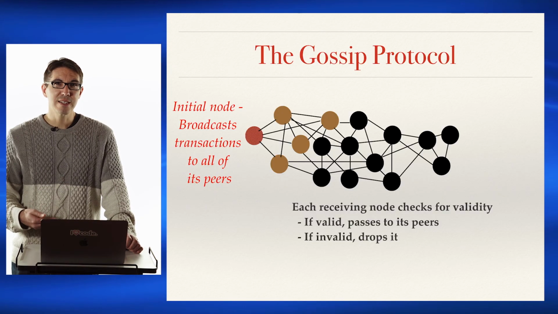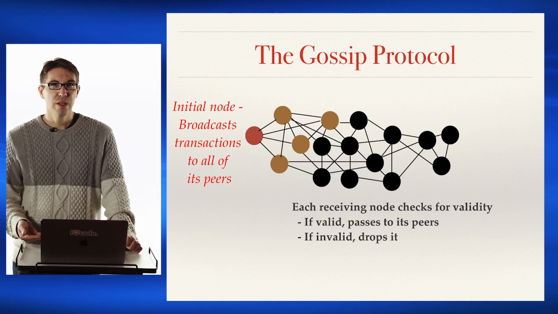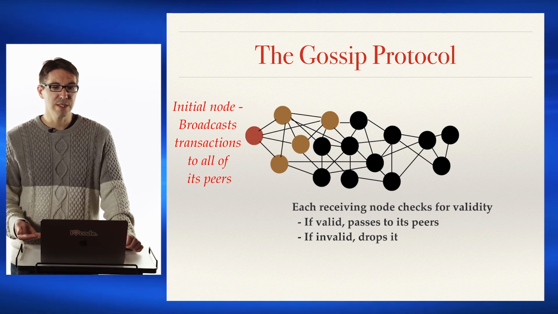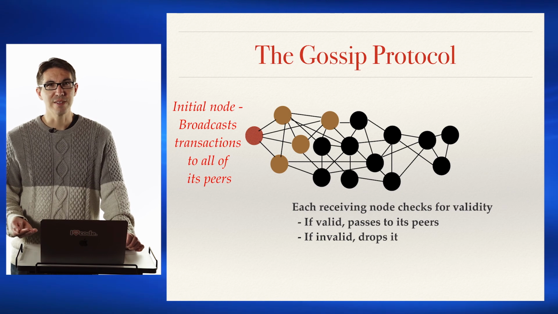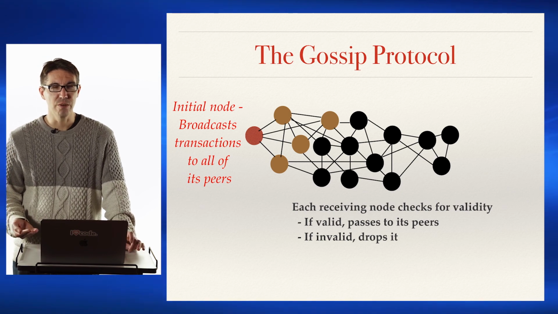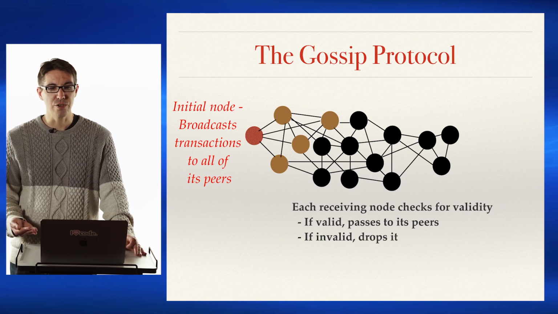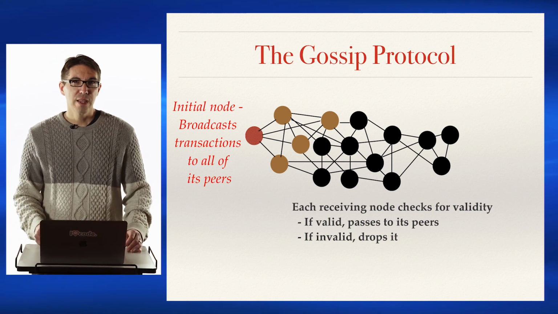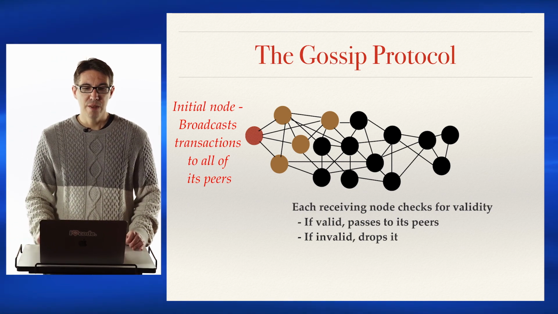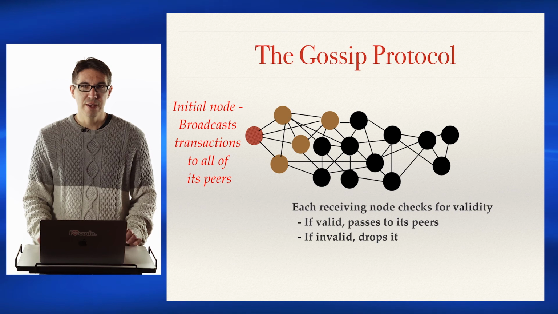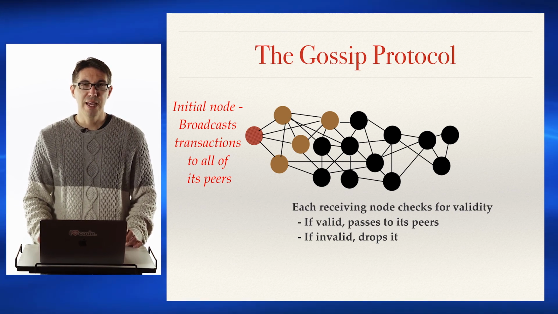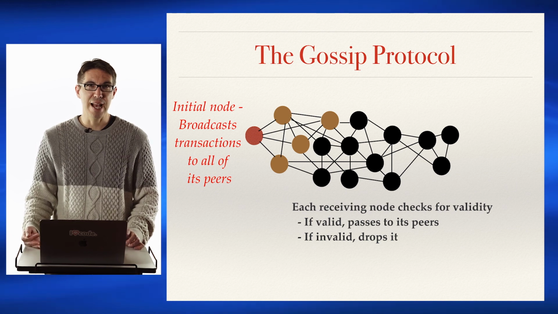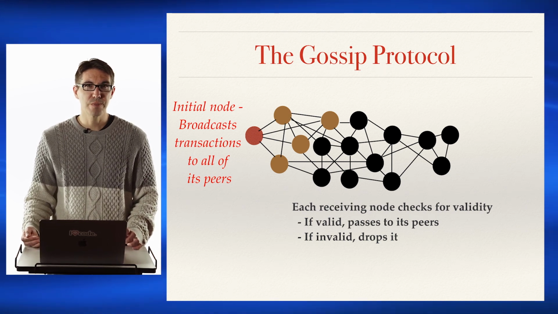Now we need to discuss the gossip protocol. The gossip protocol is relatively simple. It's basically just talking to your friends, talking to nodes that you're connected to about valid transactions that you know. In this diagram, the node on the far left has made a transaction, and it now wants to propagate that transaction to other nodes.